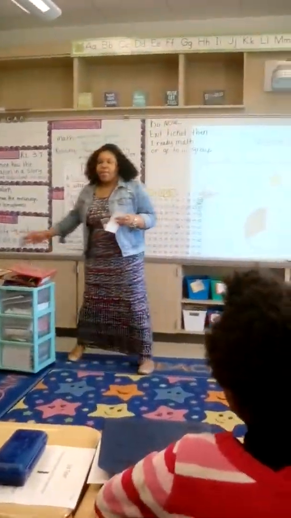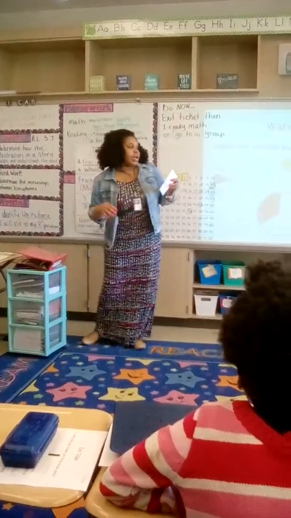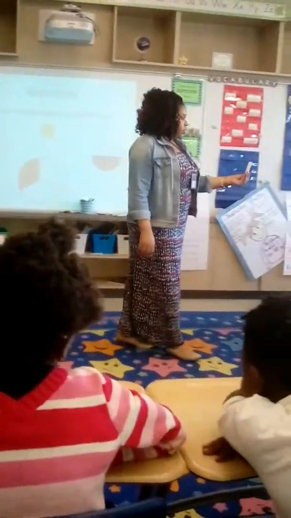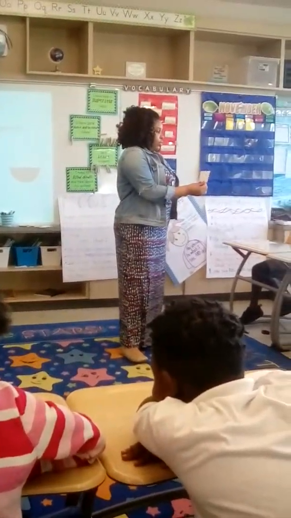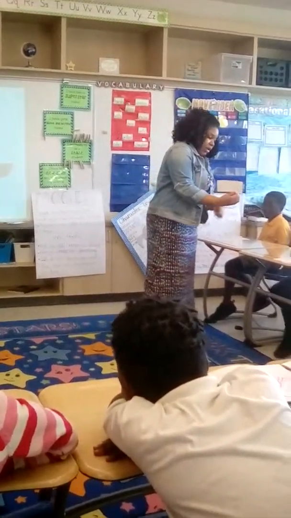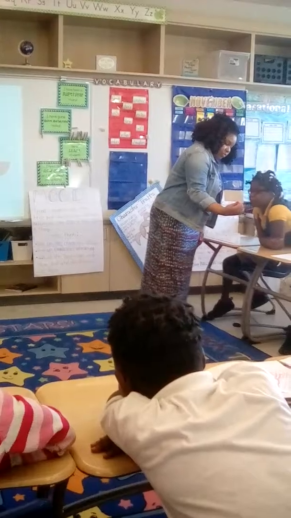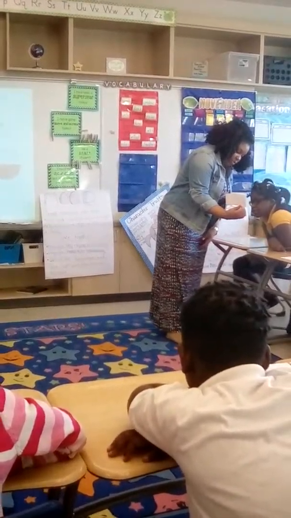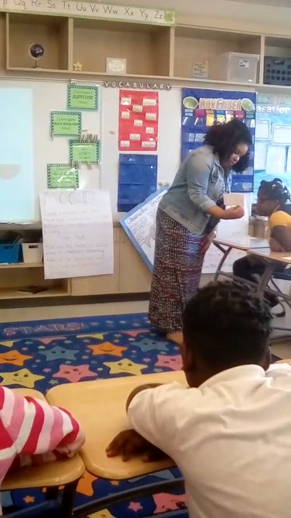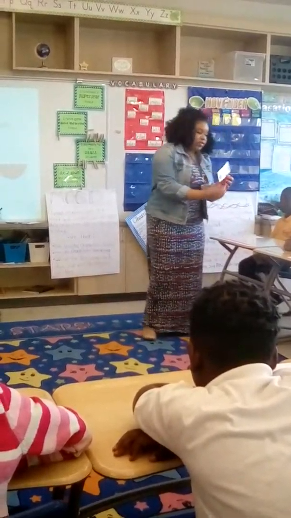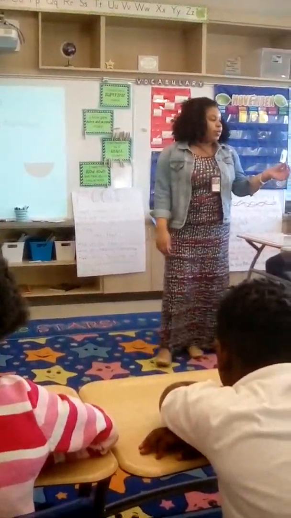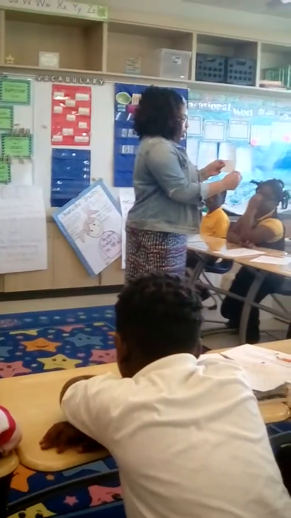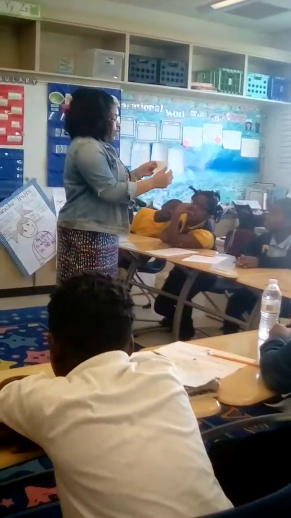Who didn't I call? Namaya, what about this one? A whole. Can you read this to the class? 4 fourths is a whole pizza. Danico, how many pieces are in this pizza? 4.